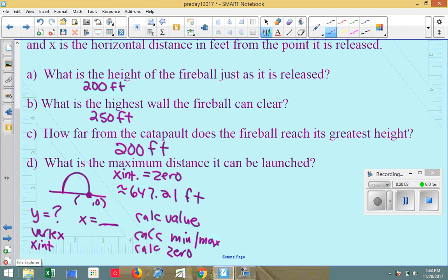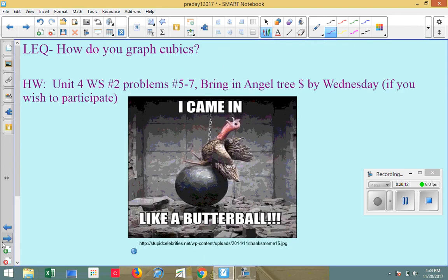Okay, so for homework, I would like you to work on something that I already assigned. You already did worksheet 2, problems 5, 6, and 7, but you did them originally by hand using the algebra techniques. So now I want you to redo those problems using the graphing calculator.